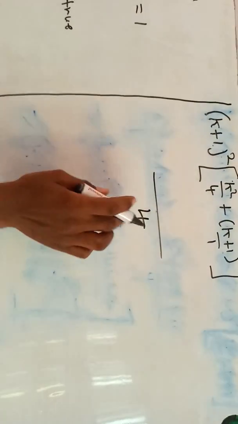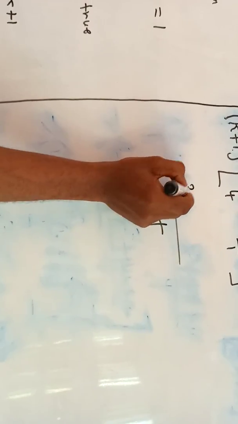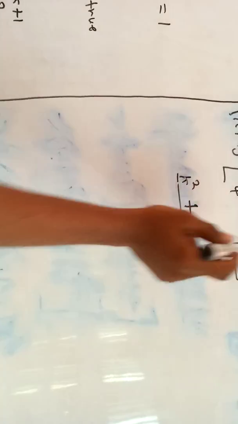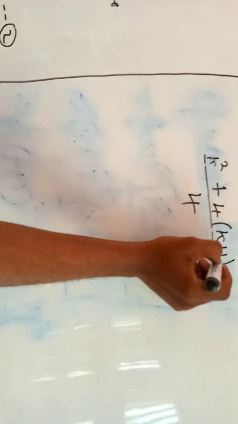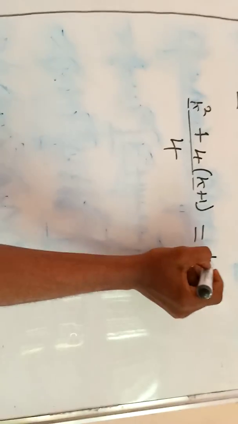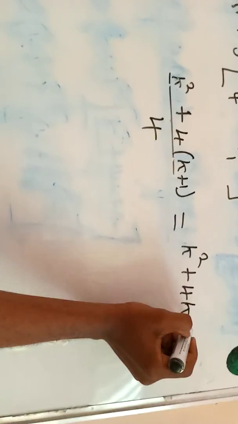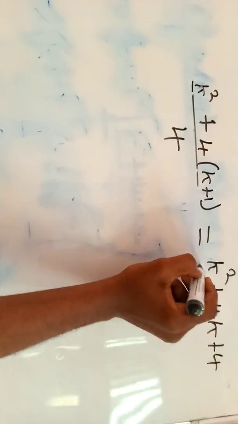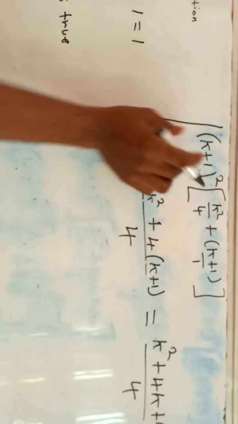Have 4. 4 divided by 4 is 1 times k squared is k squared plus 4 divided by 1 is 4. Now we have 4 times k plus 1. This is equal to k squared plus 4k plus 4 all over 4.